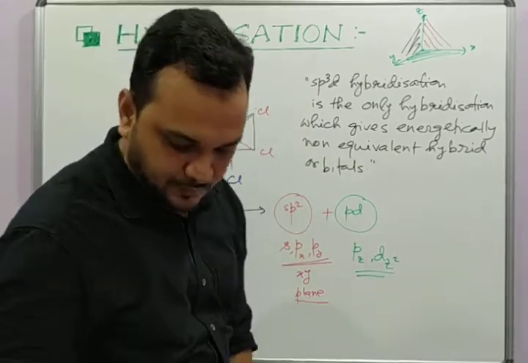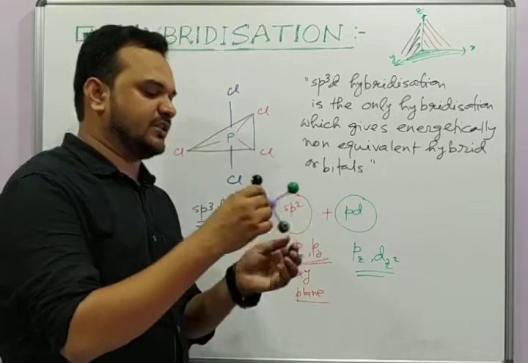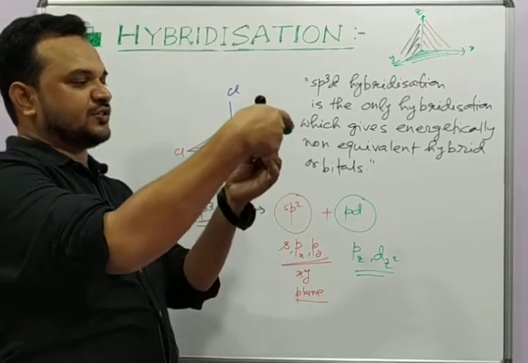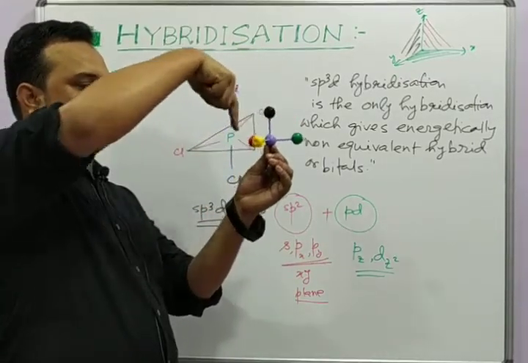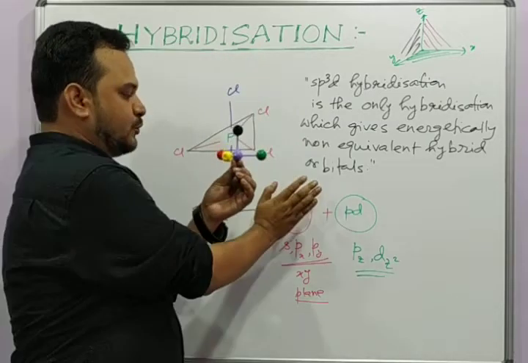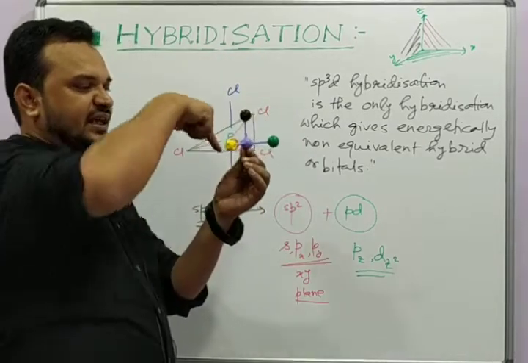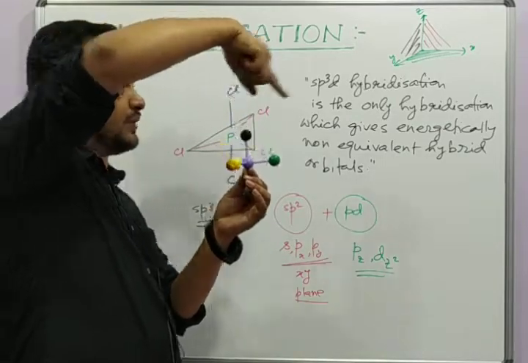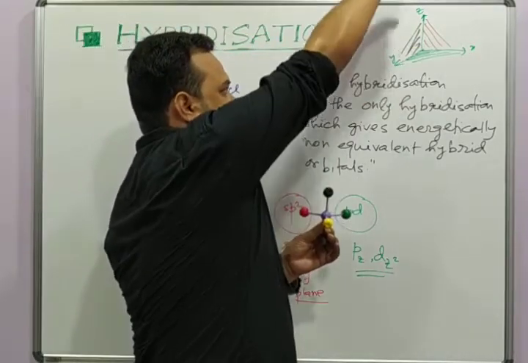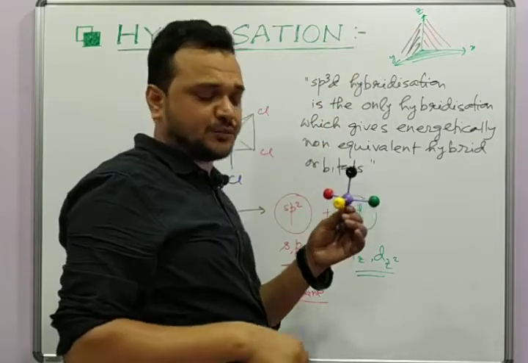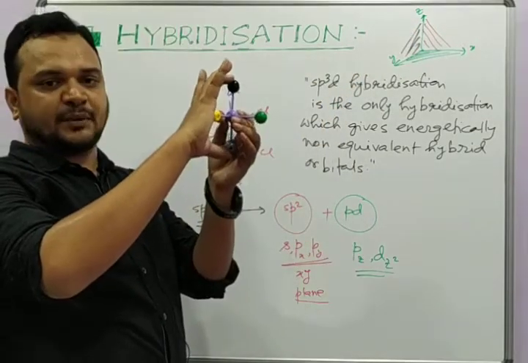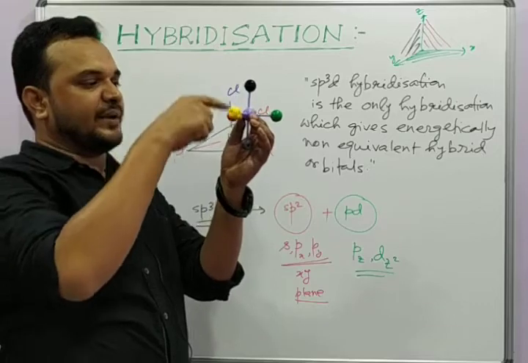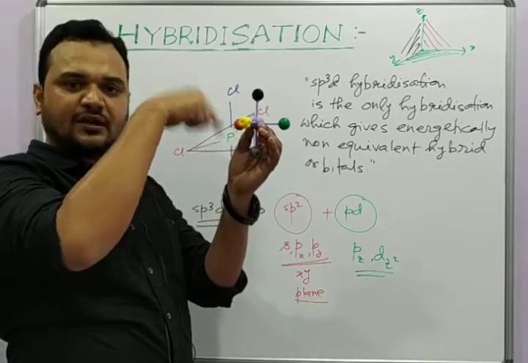Now think of this molecule again. This was our molecule. So this trigonal plane is the xy plane defined by this sp2 part. If this is the xy plane, then what will be the direction of the z axis? Perpendicular to the xy plane. This is the z axis, and those pd hybrid orbitals are oriented along the z axis.